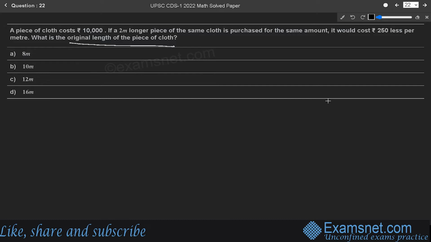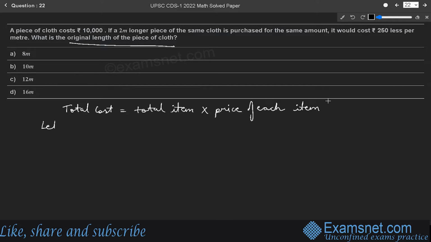So we can say that total cost is equal to total items into price of each item. Whenever we buy any items, the total cost is total items into price of each item.